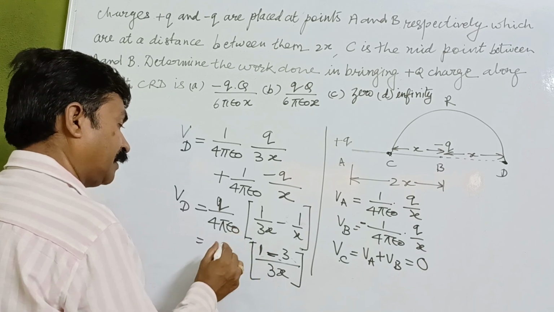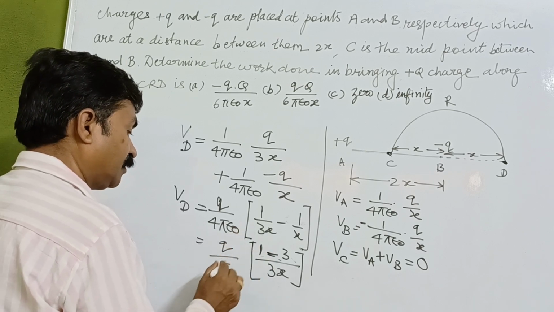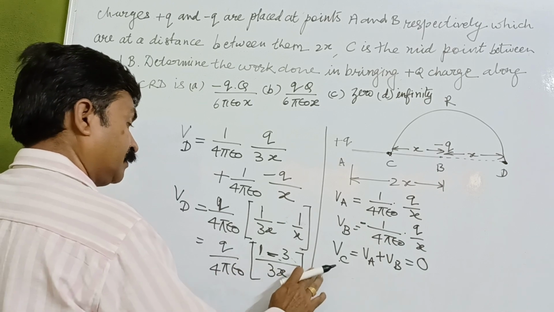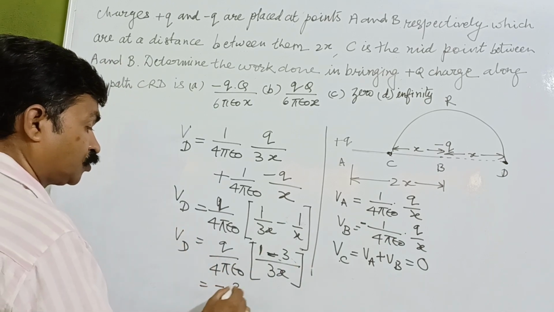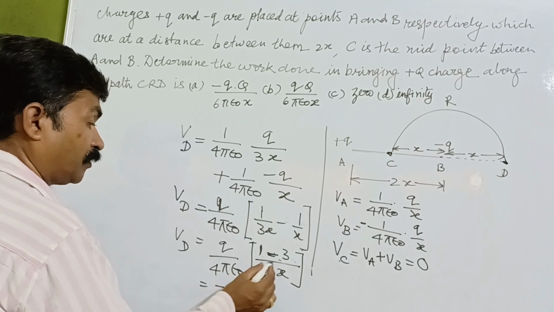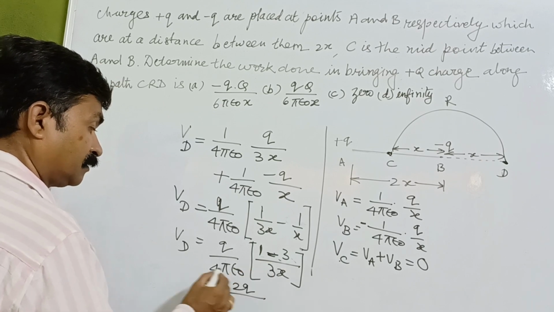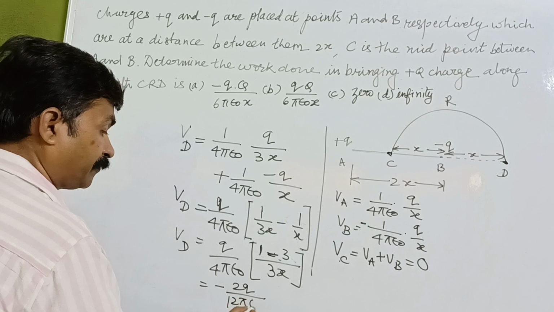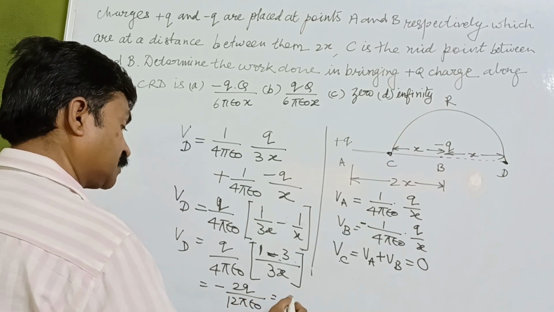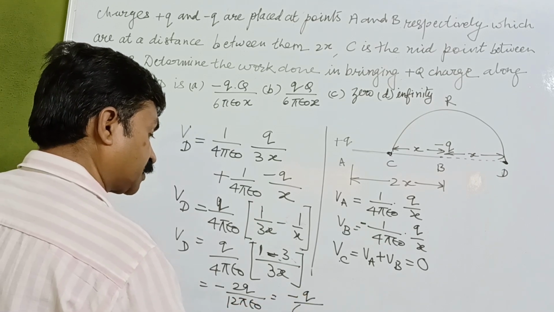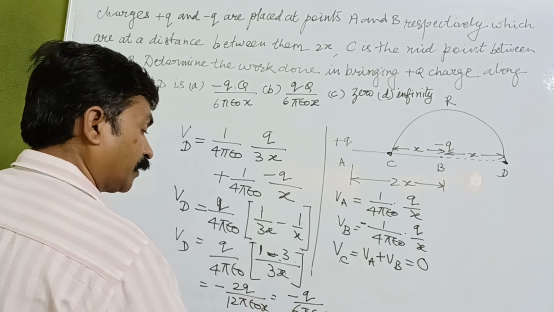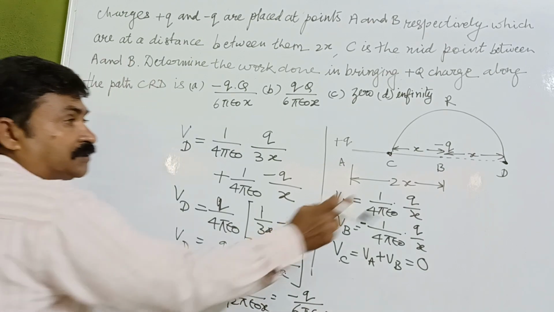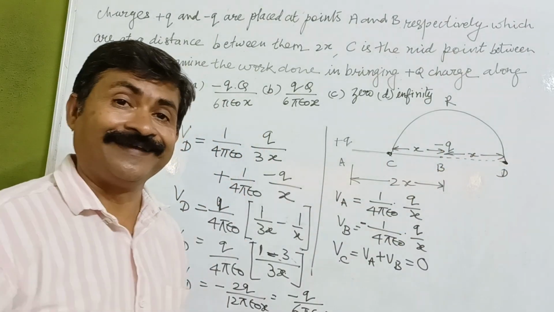So finally we will have VD equal to Q upon 4 pi epsilon naught into minus 2 upon 3x, that is minus 2 times Q upon 12, or we can say minus Q upon 6 pi epsilon naught into x. This is the electric potential which we are getting at D.